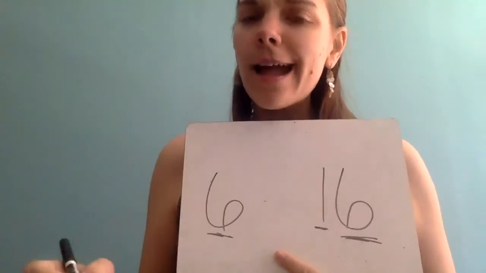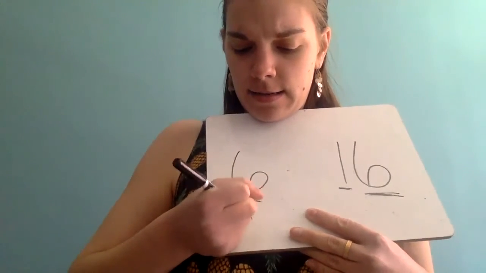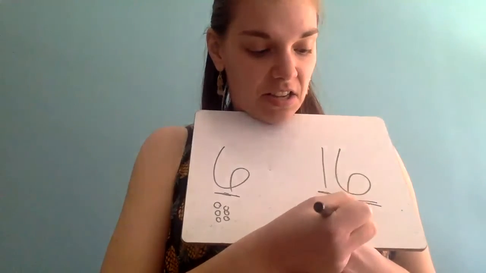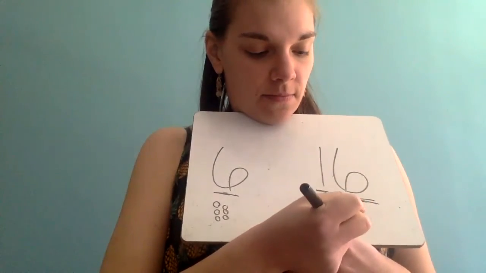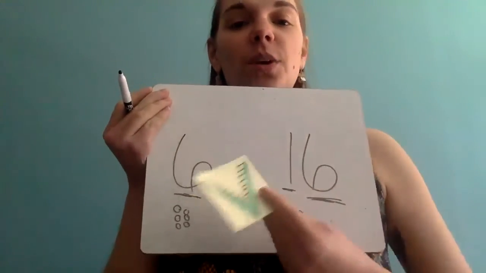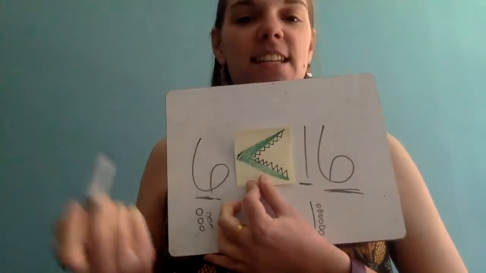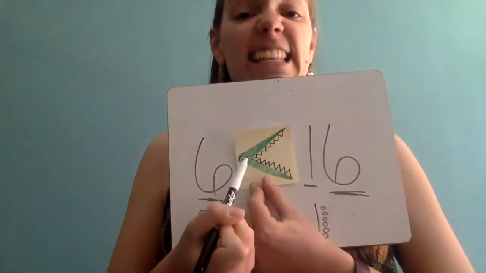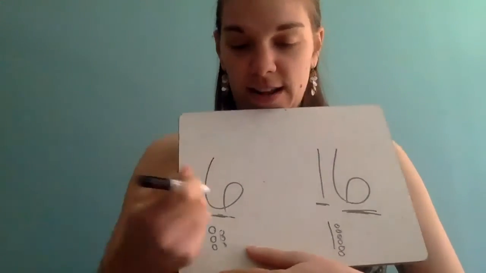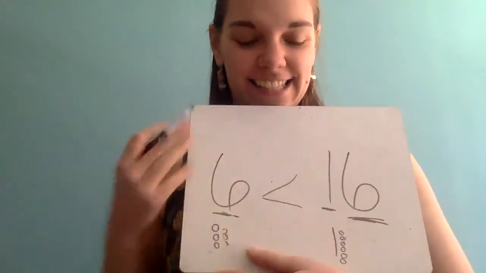Do you think the hungry alligator would want to eat 6 little fishies, or a whole 10 and 6 fishies? Well, I think he'd want to eat the 16, right? So we're going to put the hungry alligator facing the 16. So we would write 6 is less than 16.